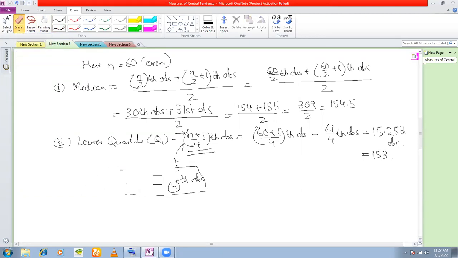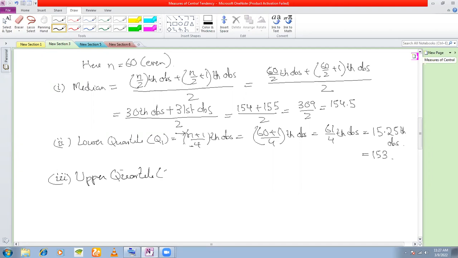Okay, so let's move on to the next question, which is upper quartile. Upper quartile is Q3, which is thrice n plus 1 by 4th observation, which is thrice 60 plus 1 by 4th observation, right?